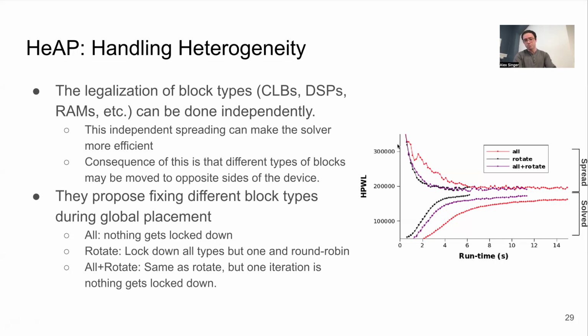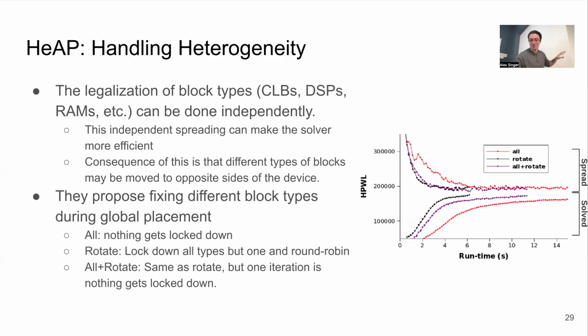I'm not super convinced of these results based on what I'm finding, but this is a cluster level placement, and I'm using a flat level placement. I've never actually tried this experiment directly, so it'd be interesting to try this out in VTR, but I find this a little hard to believe because I do find that we converge quite well even when we're just doing the all approach, but I'm not sure. Something to try out. Any questions on how they handle heterogeneity here?